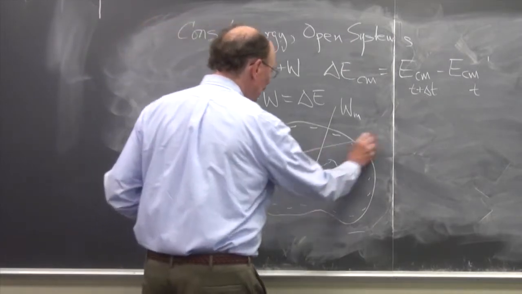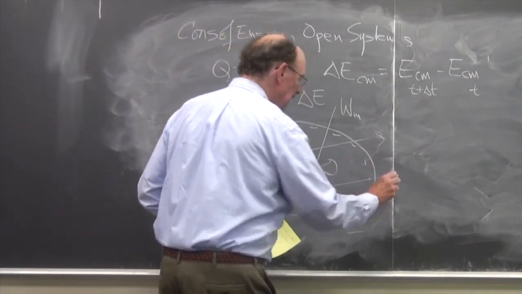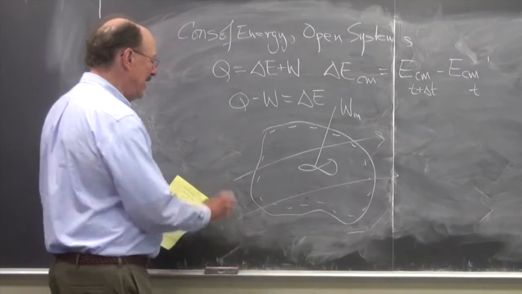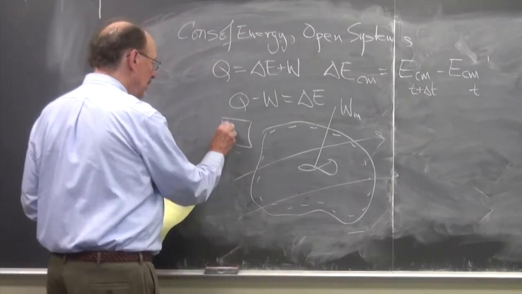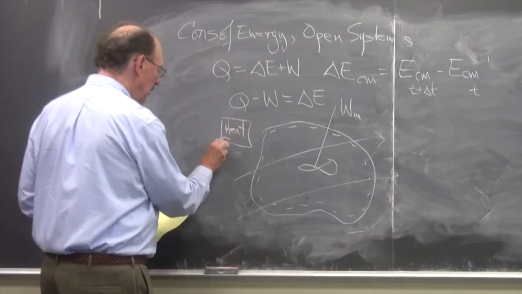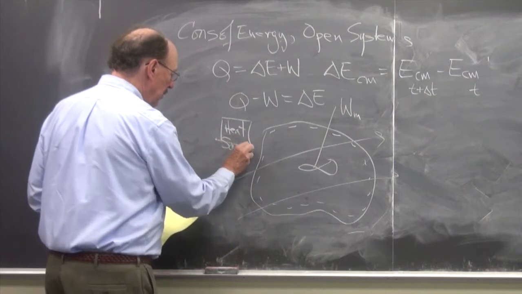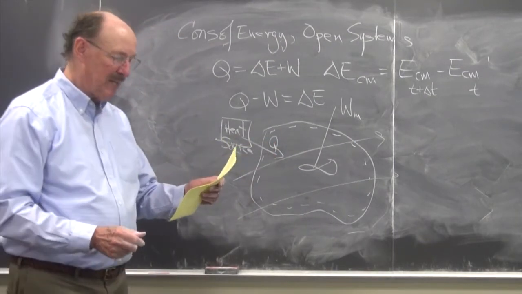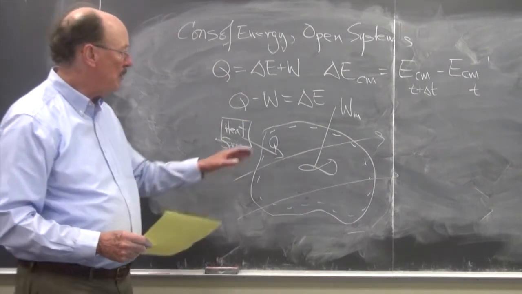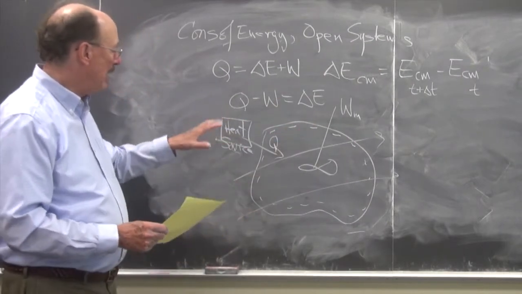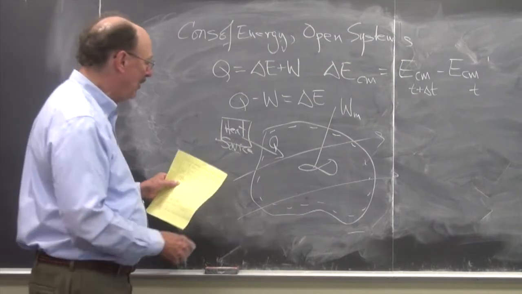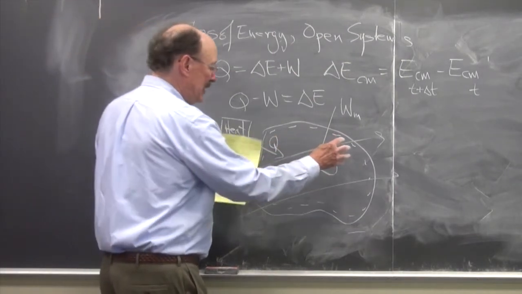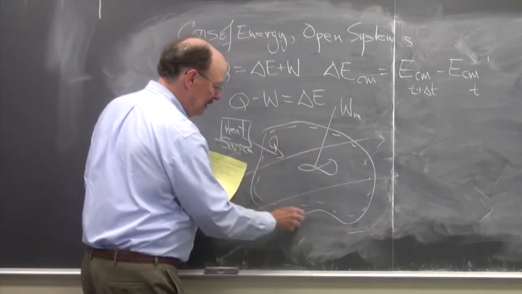And now I'm going to have fluid flow through this open system, just as we did with the conservation of mass, and I have a heat source here. So I can have Q go in also. And now, in the development, as I did before, I look at the control mass.